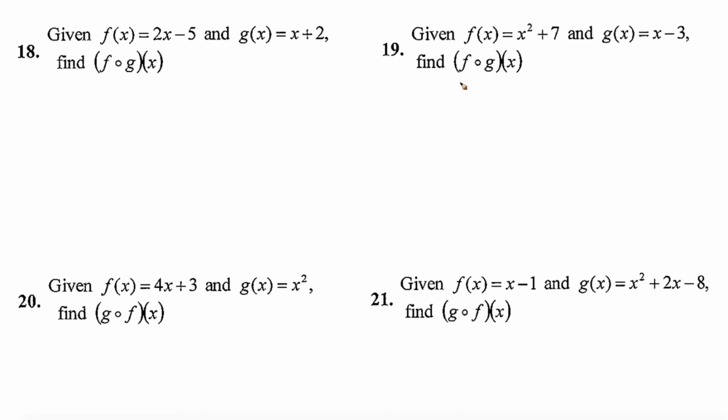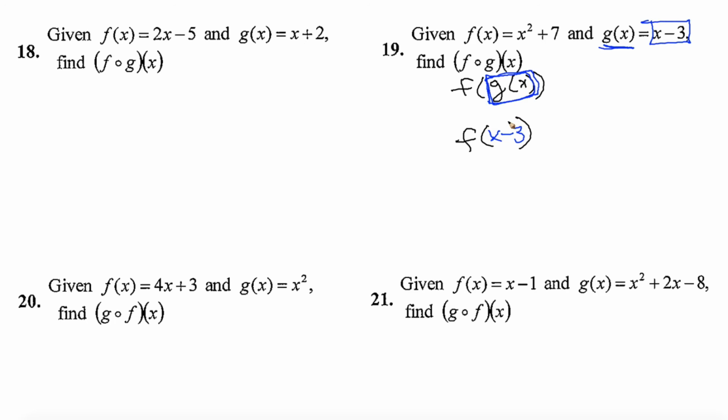Number 19. F of g of x. We look at just the insidemost piece right here, and we ignore the rest. So g of x. What is g of x? G of x is this. See, g of x equals this. Okay, so I'm going to put that right there. F of g of x is x minus 3.